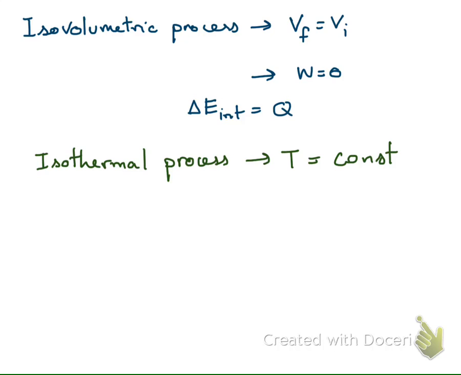This process happens frequently in practical systems because it is easy to keep the temperature constant. If we put the system in thermal contact with a reservoir, we can keep the temperature of the system fixed.